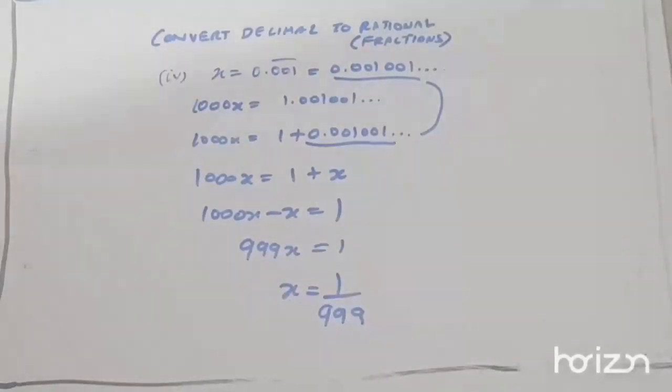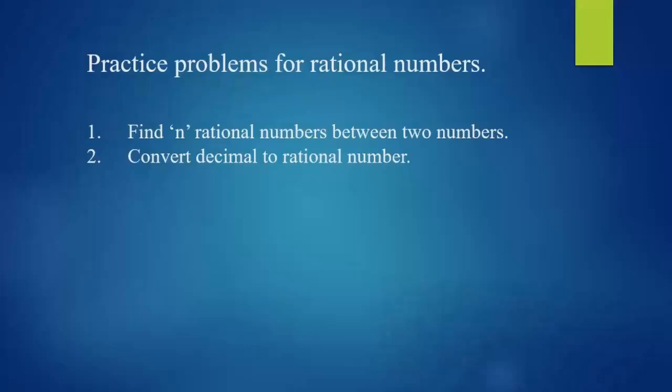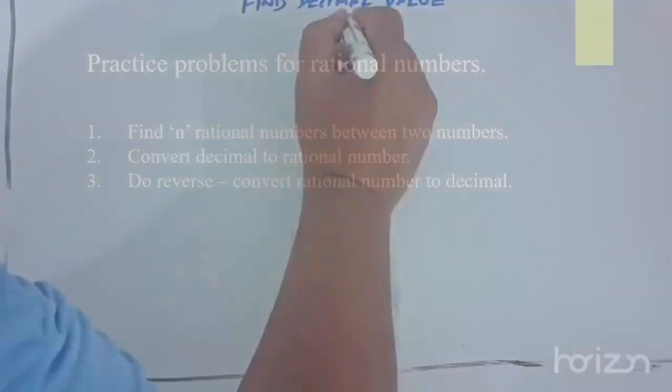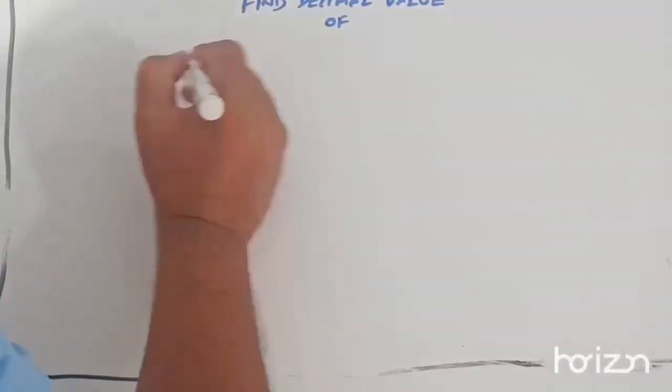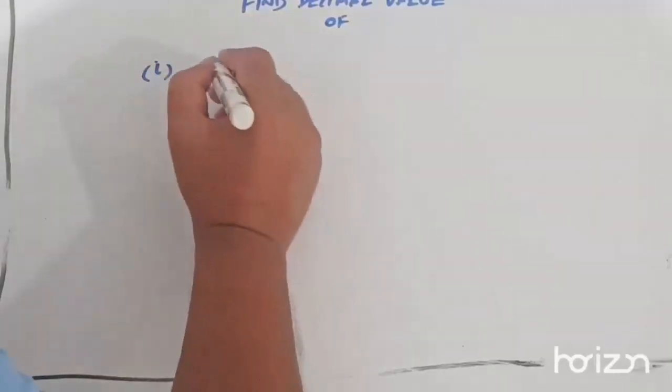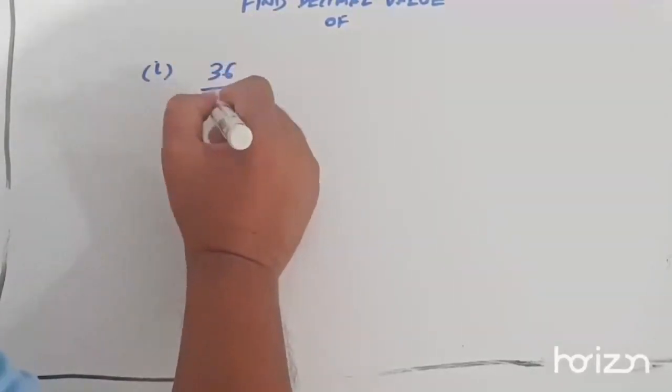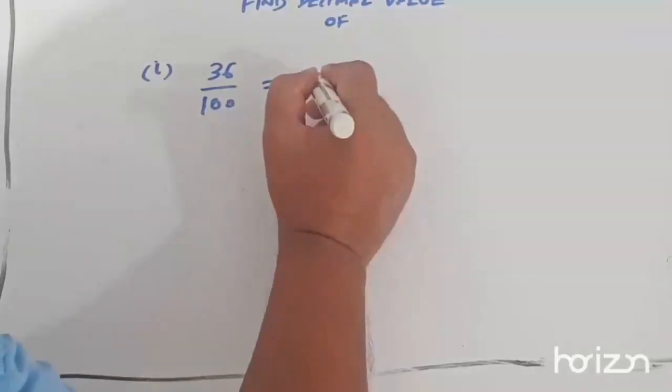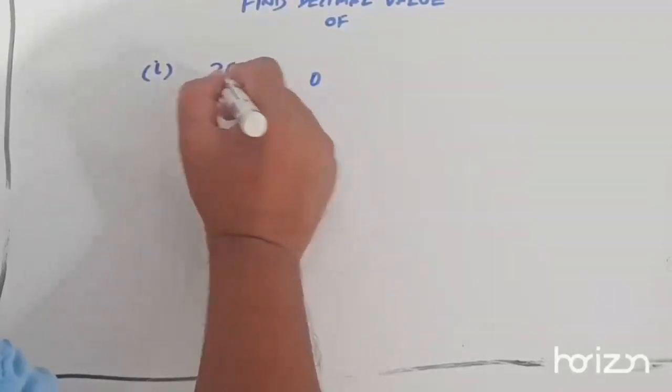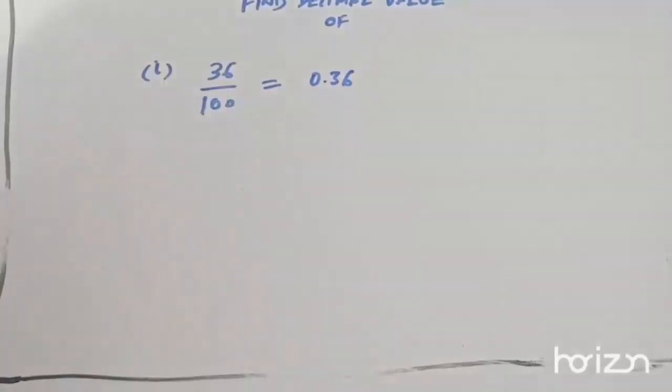Okay, so let's practice the reverse: convert fractions, or rational numbers, into their decimal values. The easy case is just 36 by 100. Here you are dividing by 100, so you can just bring in the decimal places according to the number of zeros.